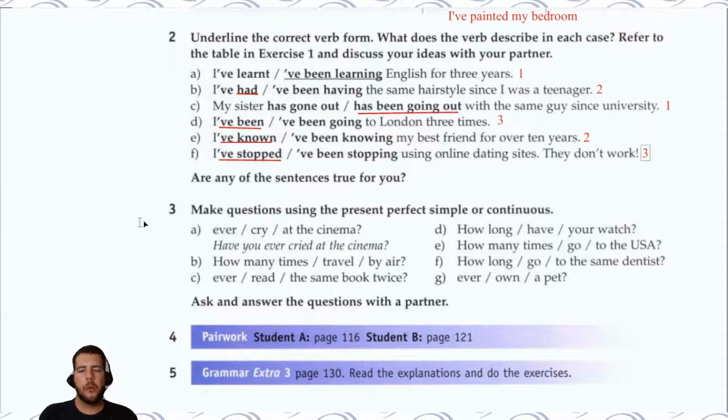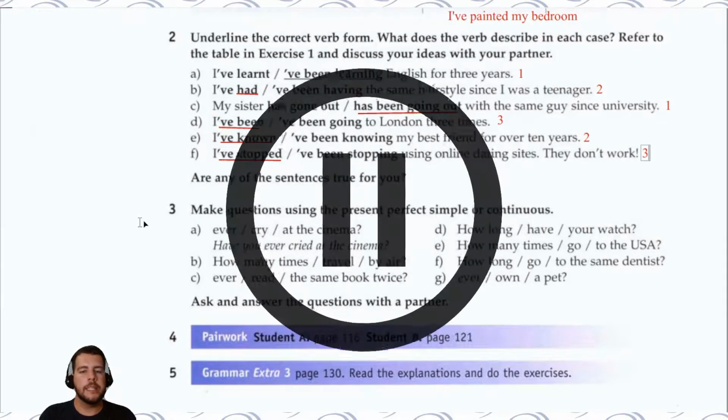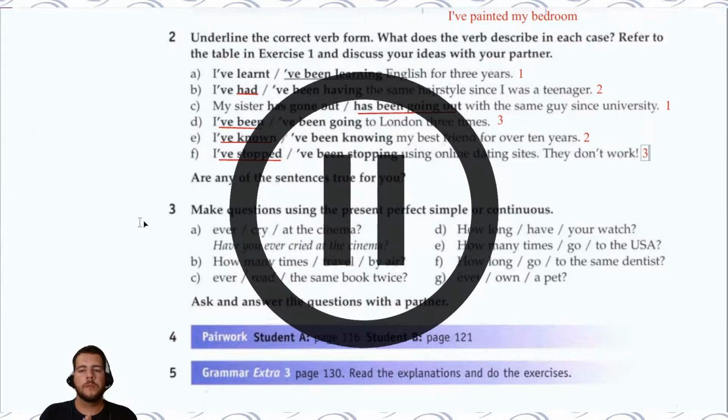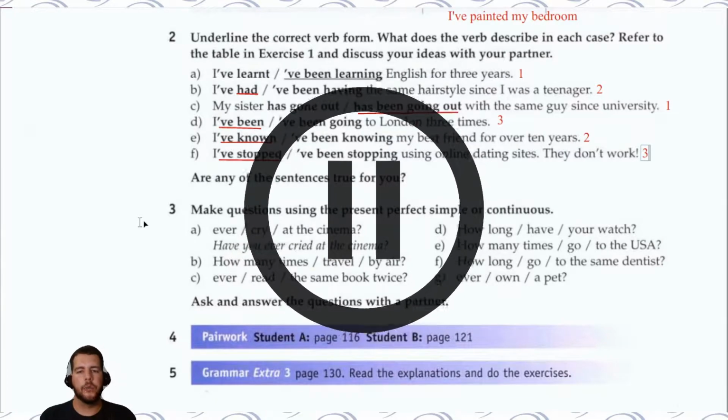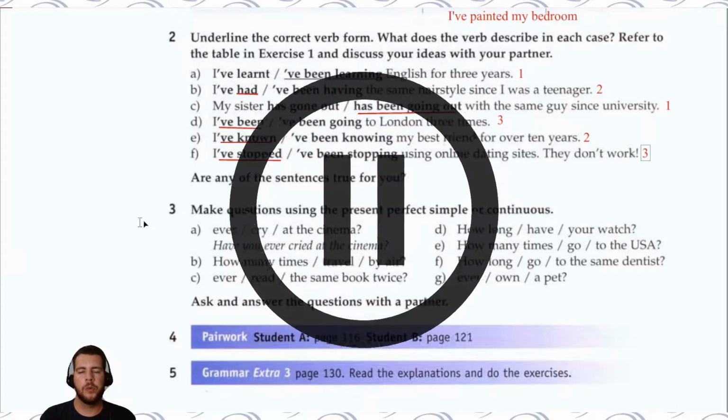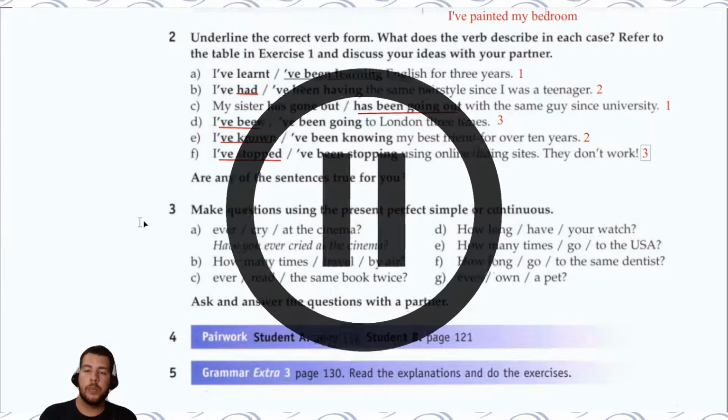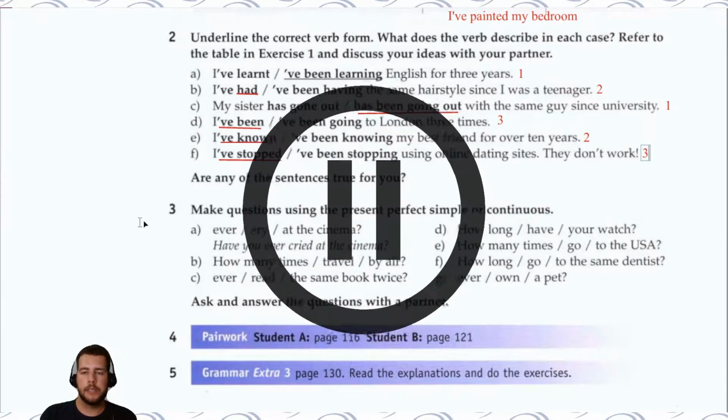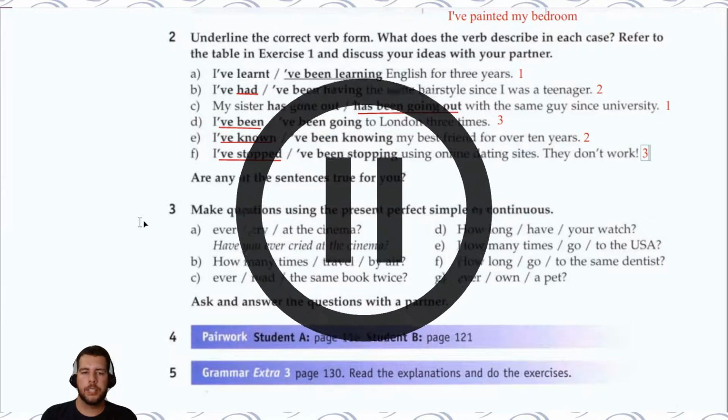Two very important question words to use with the present perfect simple or continuous are how long, to ask about the duration, or how many times, to ask about how many times you did something. So please pause the video and write the questions in the present perfect simple or continuous, and only after you finish, play the video again so that we can check it together.